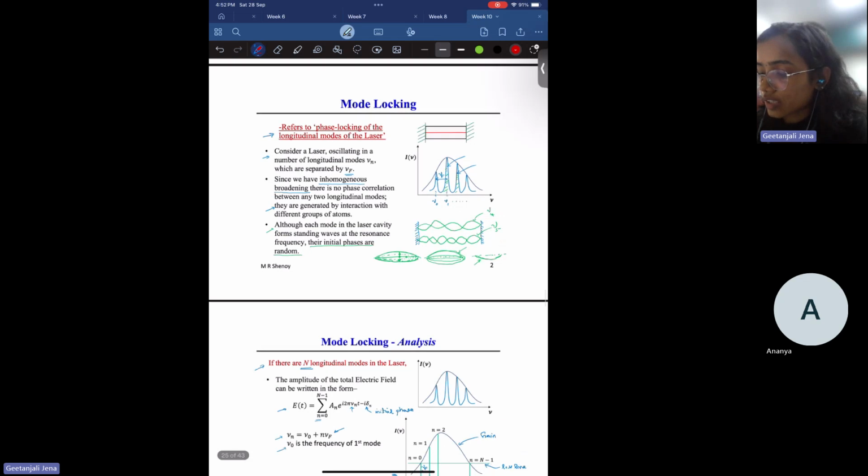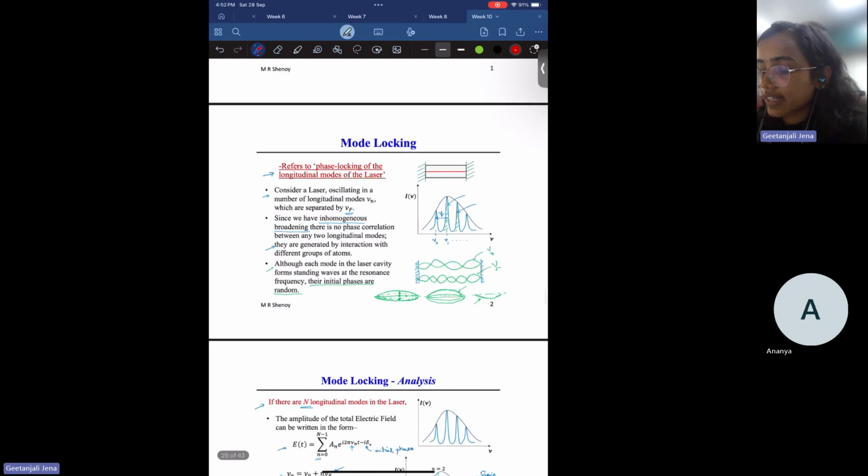Mode locking, by definition, means we lock the phase of all the longitudinal modes of the laser cavity. So let us say we have a laser where one is mirror M1 and then there is mirror M2.